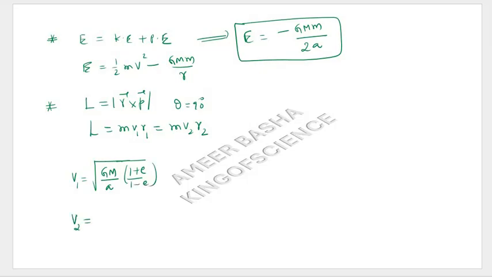And v2 at the farthest point will have the lesser velocity, square root of GM by a into (1 minus e) divided by (1 plus e). So always check that v1 r1 is equal to v2 r2. Try to remember these formulas, which we can directly apply to solve a given problem.